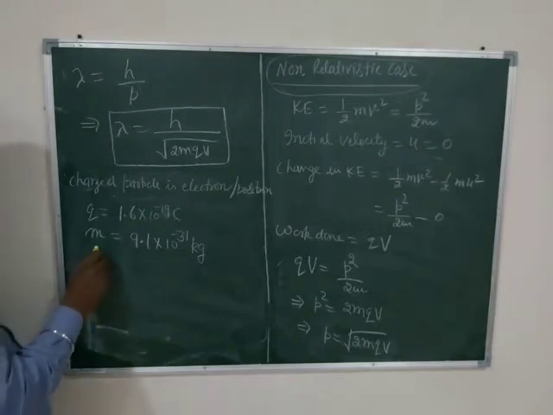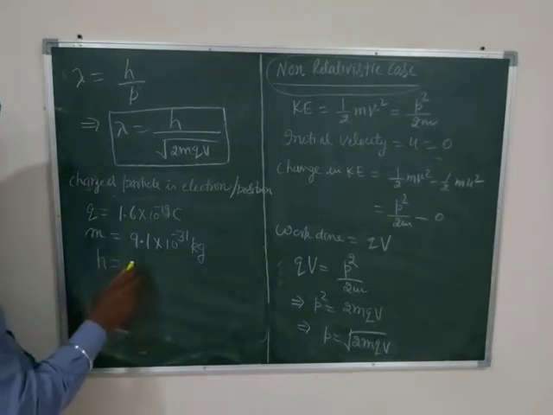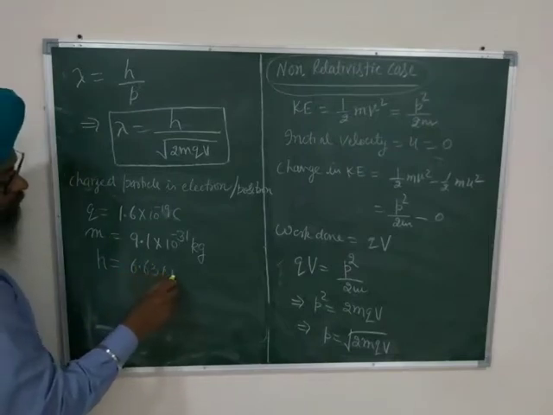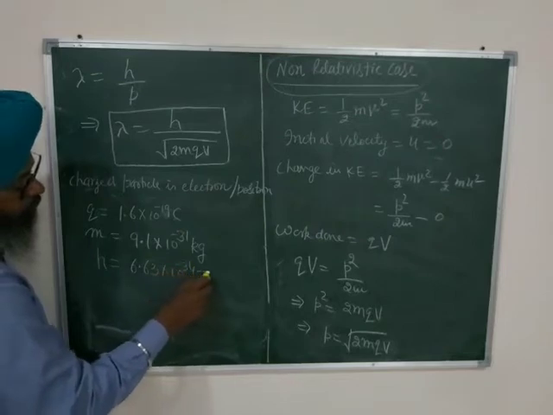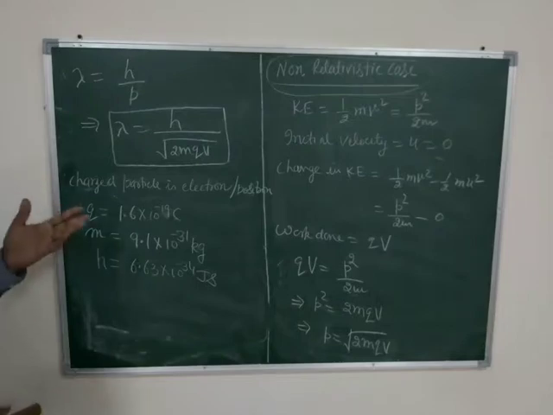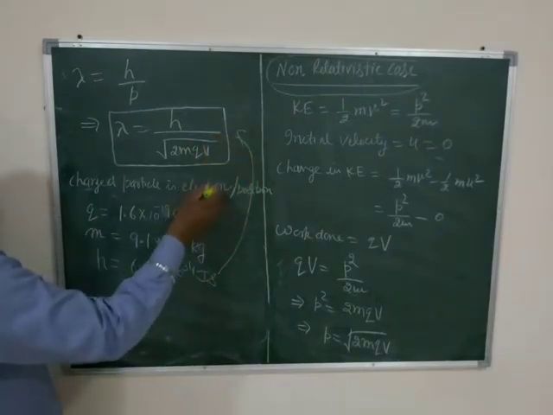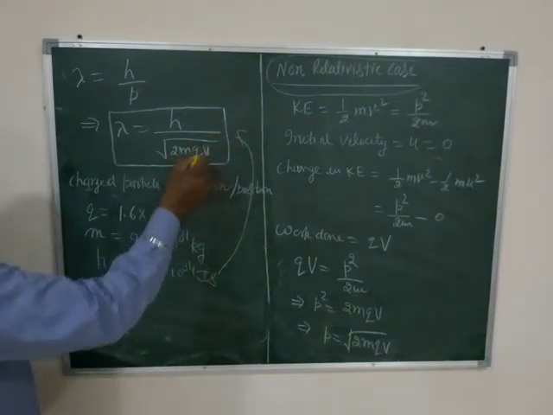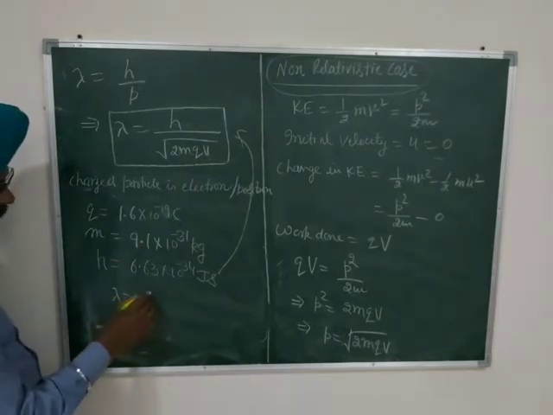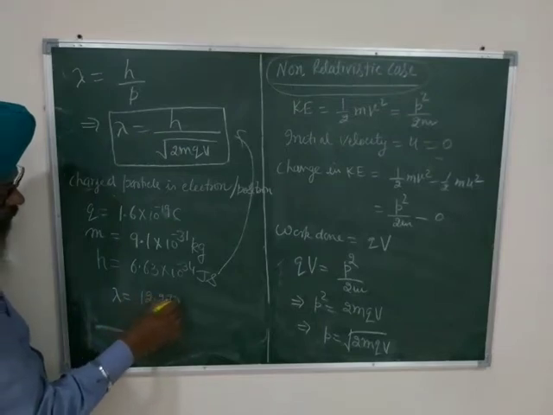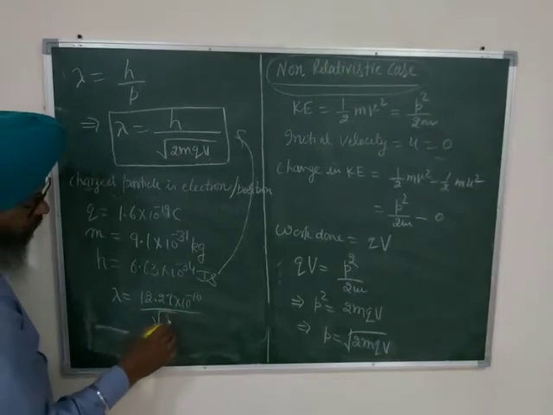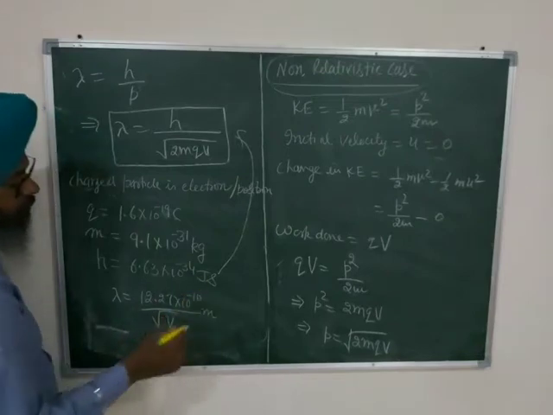Now h is a constant whose value we know, it is 6.63 into 10 raised to power minus 34 joule second. If I insert all these values in the above equation, then except V, everything is now known to us. So we will get this answer as 12.27 into 10 raised to power minus 10 divided by square root of voltage. This answer will be in meters.